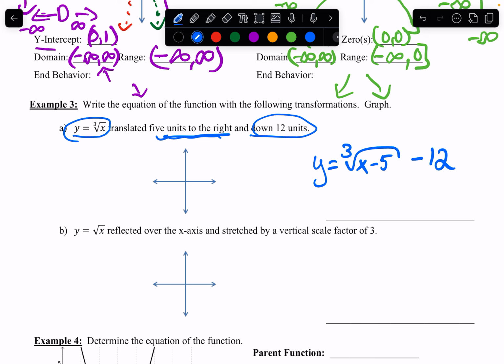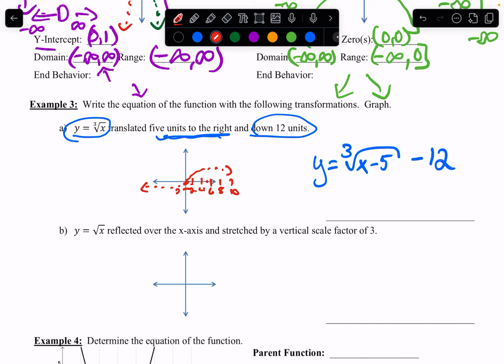So what does that look like? Normally, our parent function would be over here going through (0, 0). But since we're going 5 units to the right, so 2, 4, 6, 8, 10. There's our 5. That's where we're going 5 to the right.